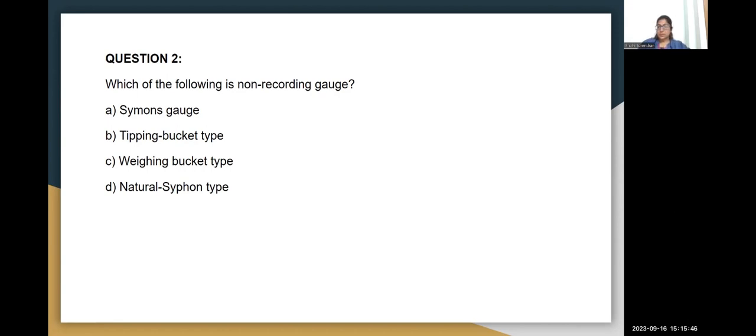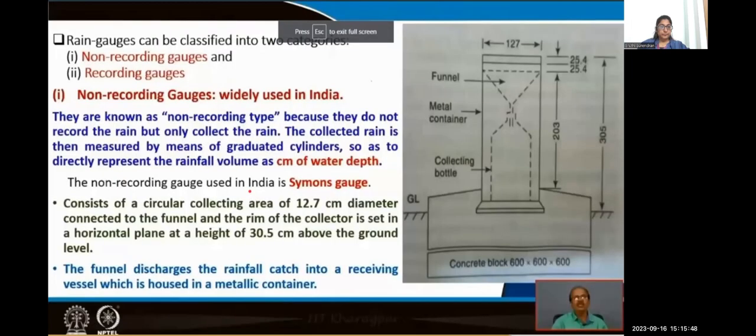Okay, let's move on to the answer. So rain gauges basically are of two types. One is the non-recording type, and the other one is the recording type.